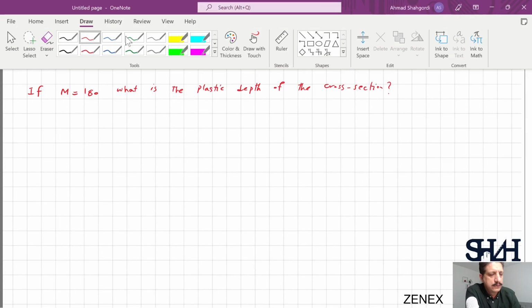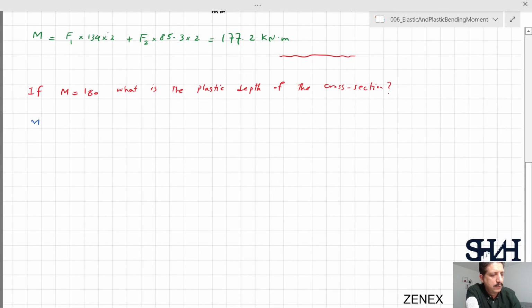So here for the solution, we know that the moment is now 180 kilonewton meter and it's greater than 177.2 kilonewton meter. As a result, a partial part of the web is also plastic.